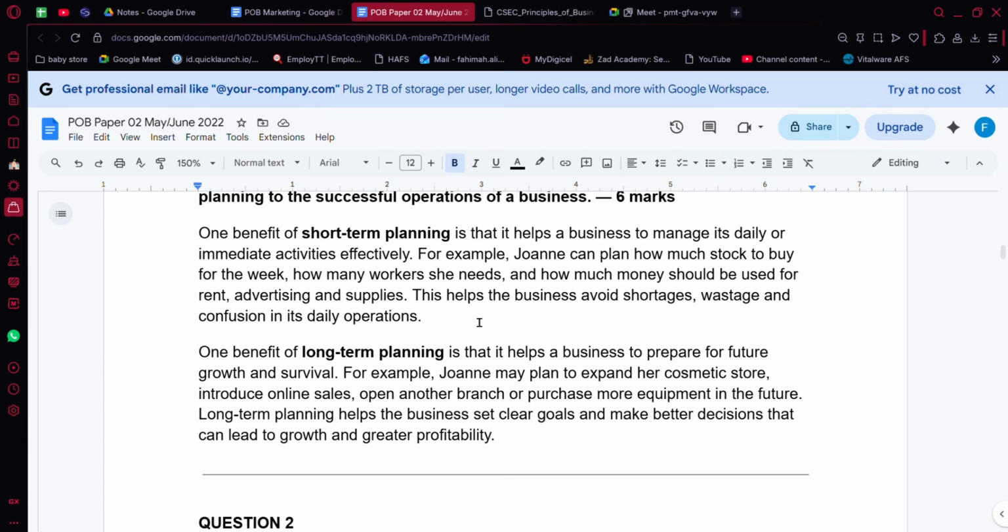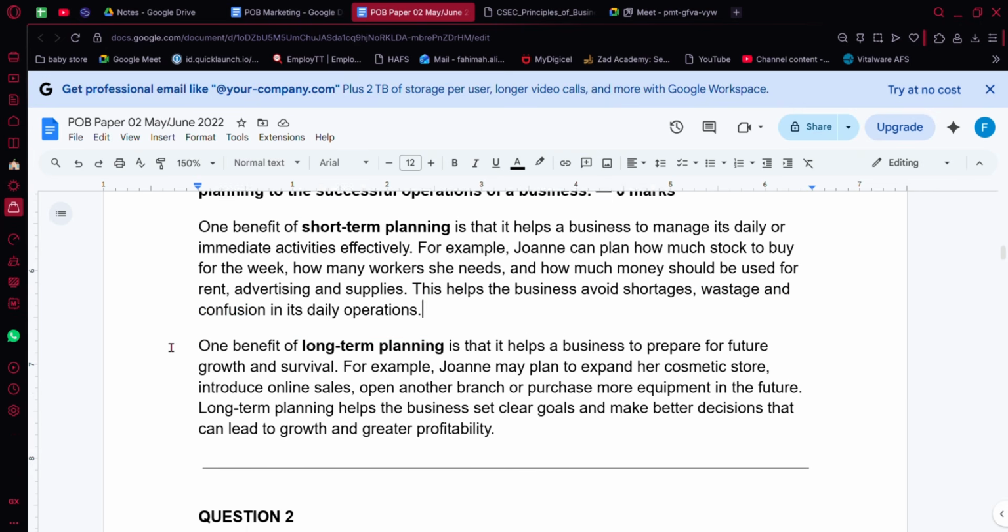This helps the business avoid shortages, wastage, and confusion in its daily operations. Notice we stated our point in the first sentence, then we gave an example in the next sentence, and then we stated why this particular point or this example helps the business or how it helps it.